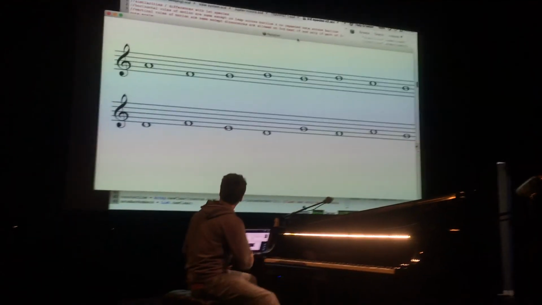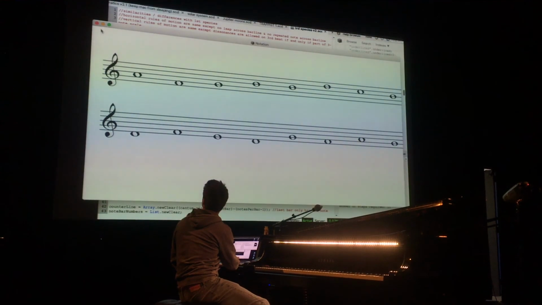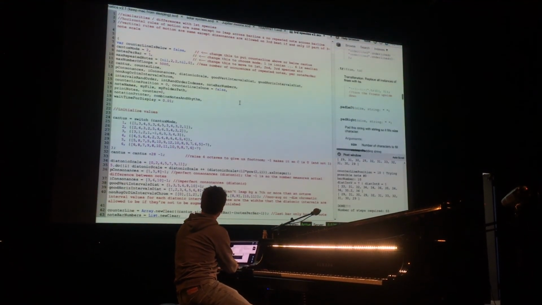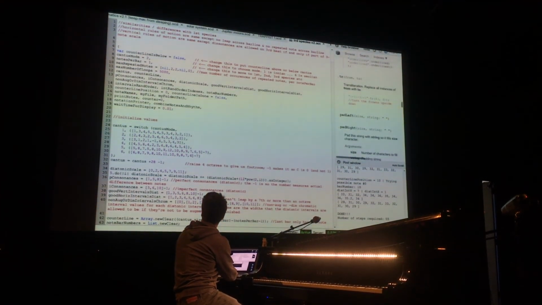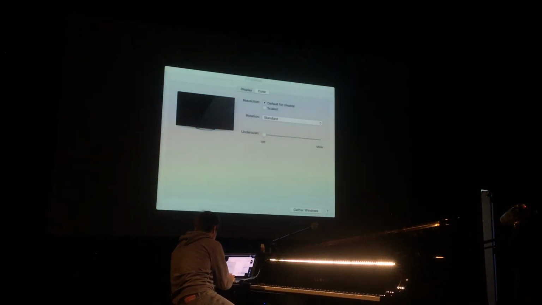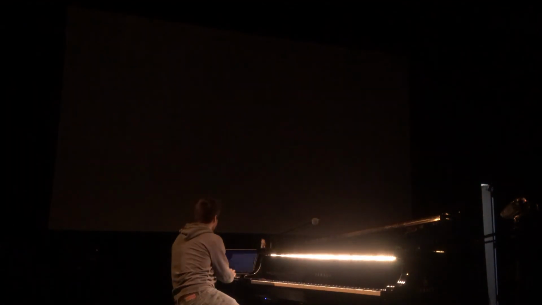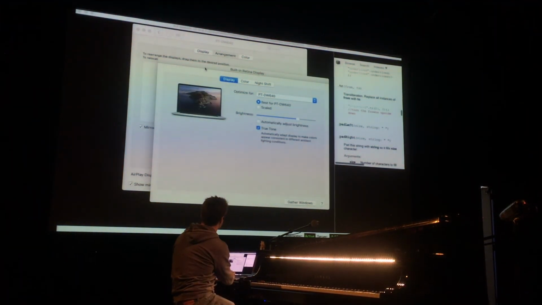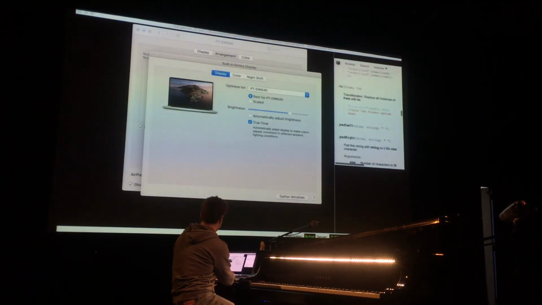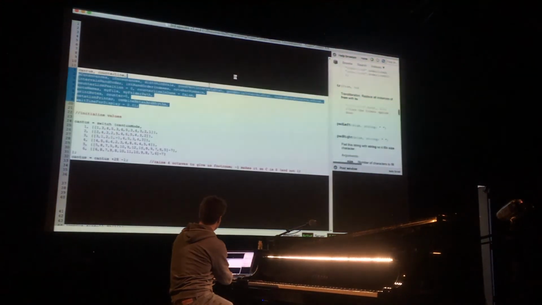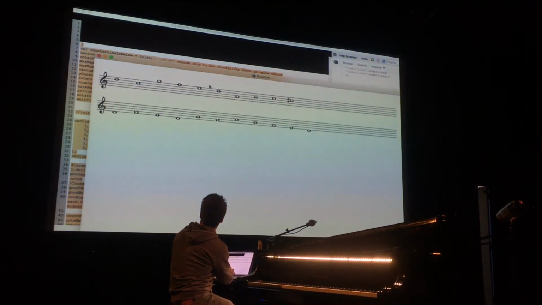Okay, well, that's not ideal, but I think we're going to have to do this in a different way. Hold on. All right, now you can see everything going on. All right, there you go.